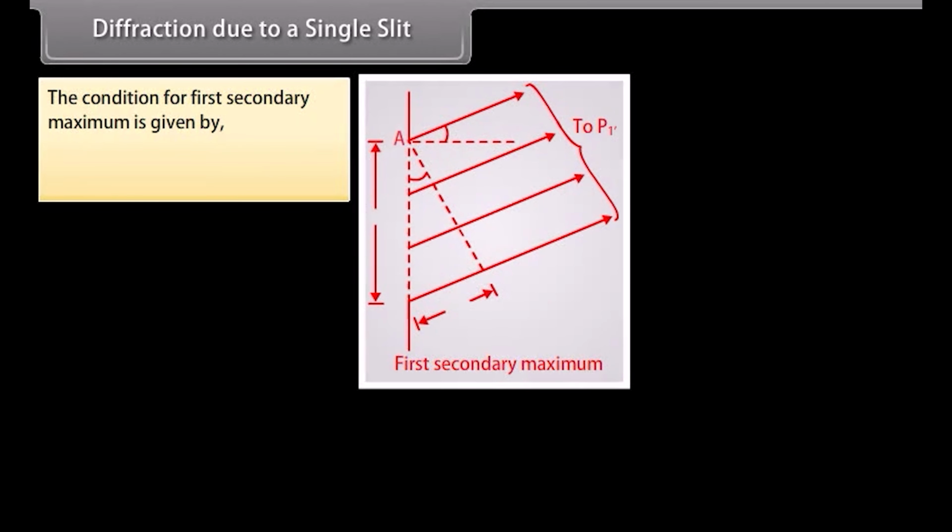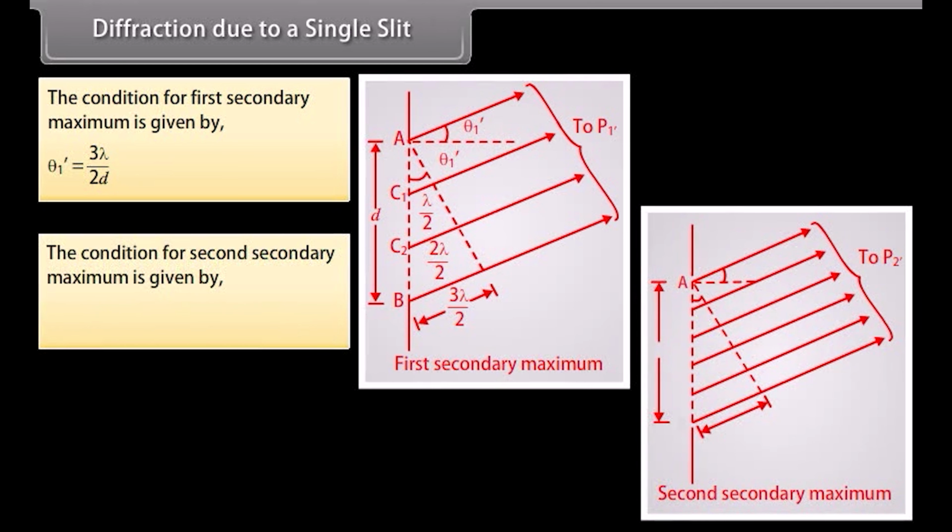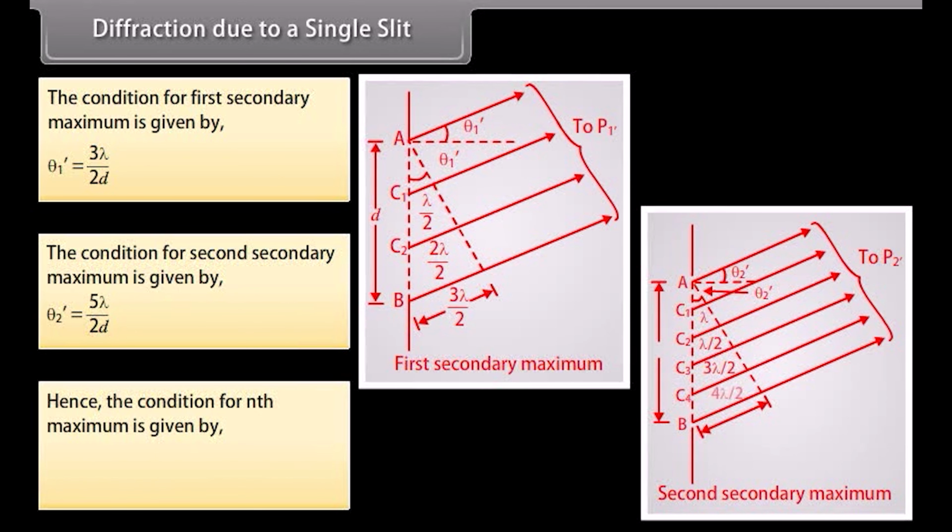The condition for first secondary maximum is given at an angle theta = 3 lambda upon 2d. The condition for second secondary maximum is given at an angle theta = 5 lambda upon 2d. Hence, the condition for nth maximum is given at an angle theta = (2n+1) lambda upon 2d.